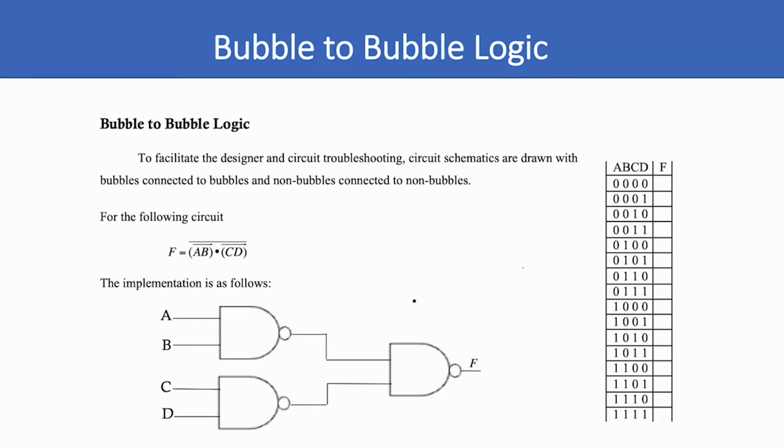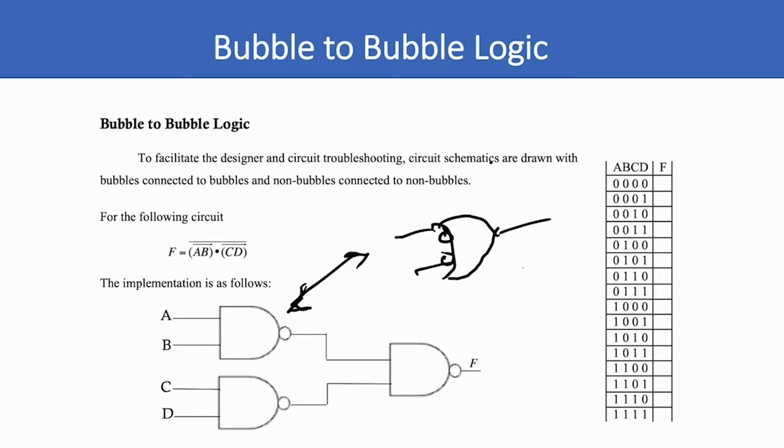Okay, now we're going to talk about a concept called bubble to bubble. When we look at a gate representation, whether this is an AND gate right here, or an alternate representation of an AND gate, which, as we showed before, is this right here, the inputs have bubbles, or the outputs have bubbles, or the inputs and the outputs have bubbles.